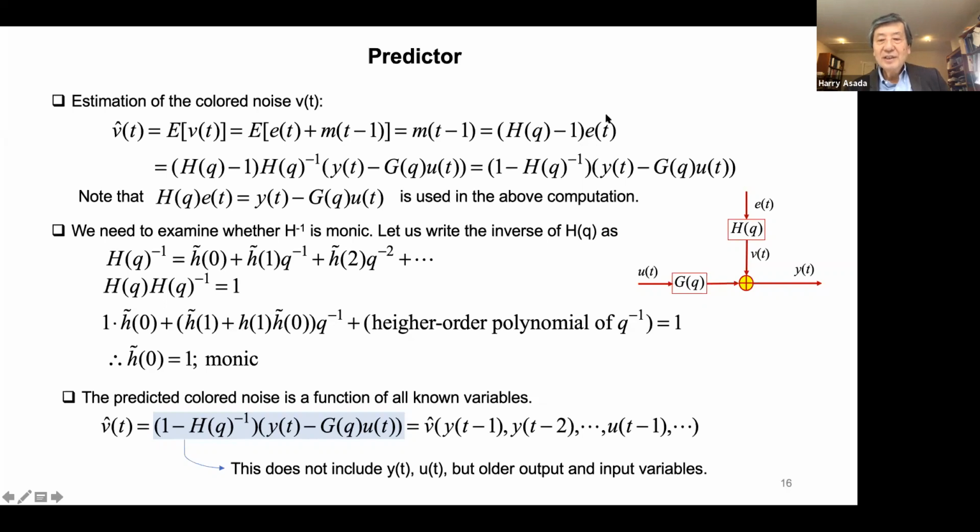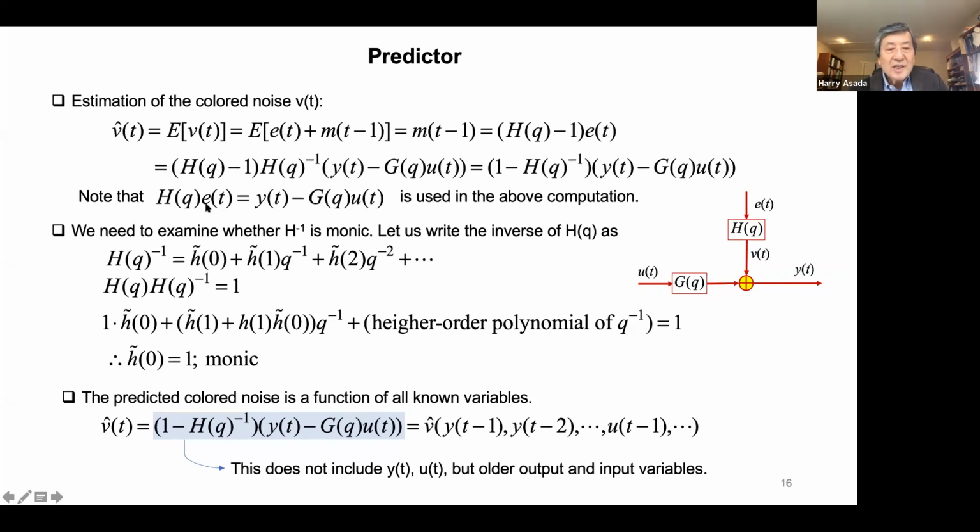So now let's see e(t). I just wrote this again. y(t) equals G u plus H e. So H times e(t) equals y(t) minus G u.